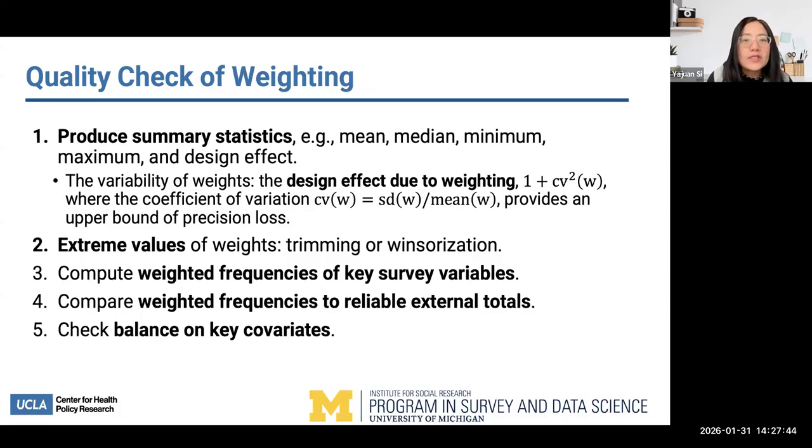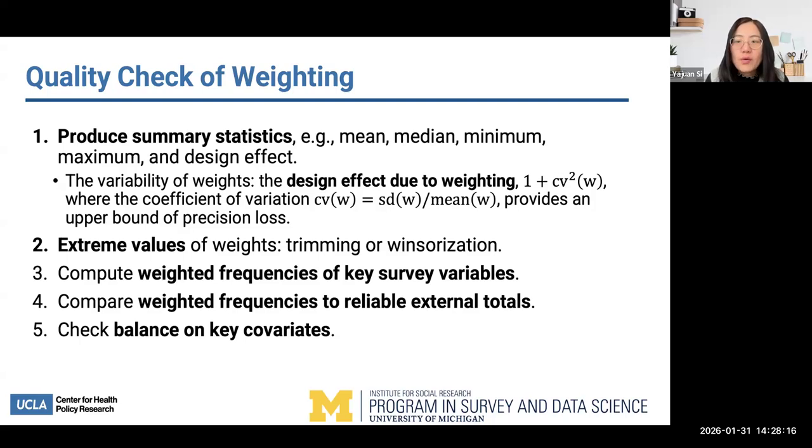After we have constructed the weights, it's important to evaluate the weights to conduct a quality check of weighting. So typically we recommend calculating summary statistics of the weights, including the mean, median, minimum, maximum, and the design effect. The variability of the weights is captured by the design effect due to weighting.